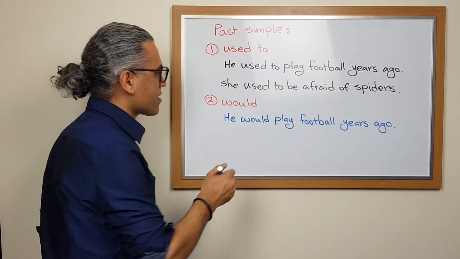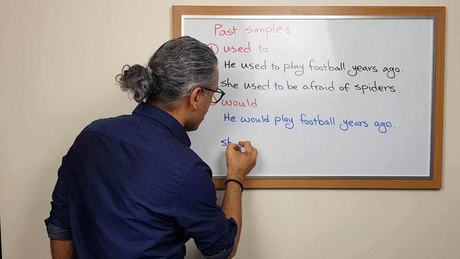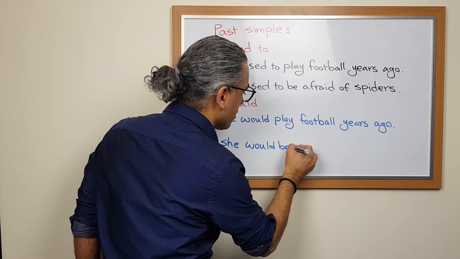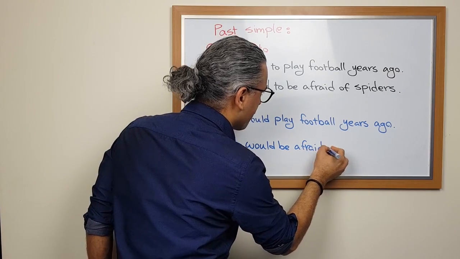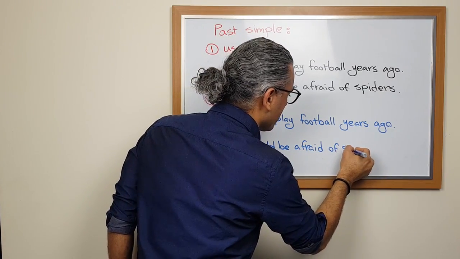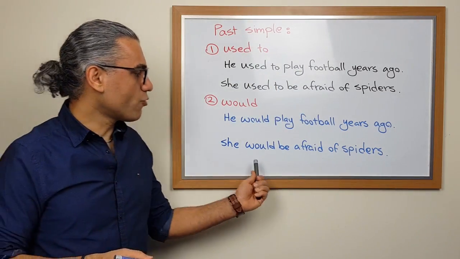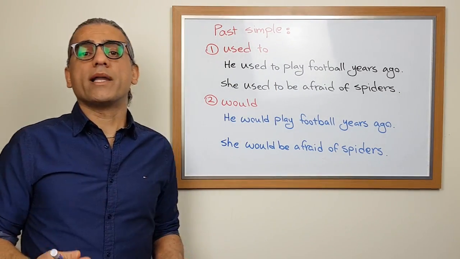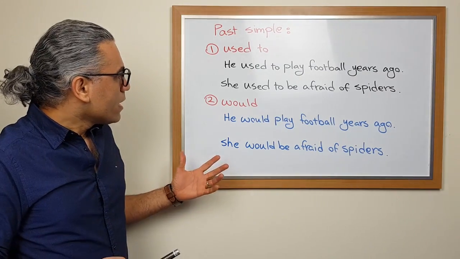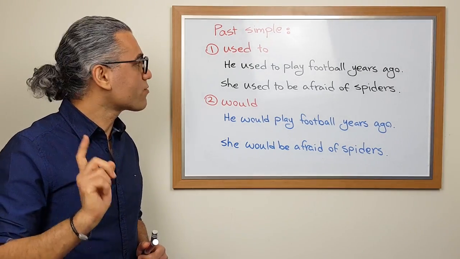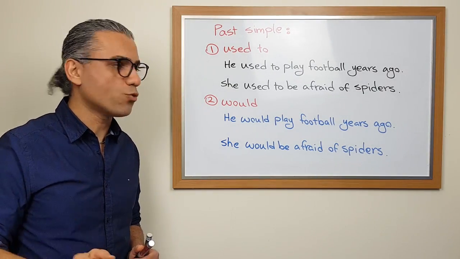Now, take a look at this example. She would be afraid of spiders. And of course, we mean a while ago, in the past. As you can see, as I have told you, there is a big difference between used to and would.